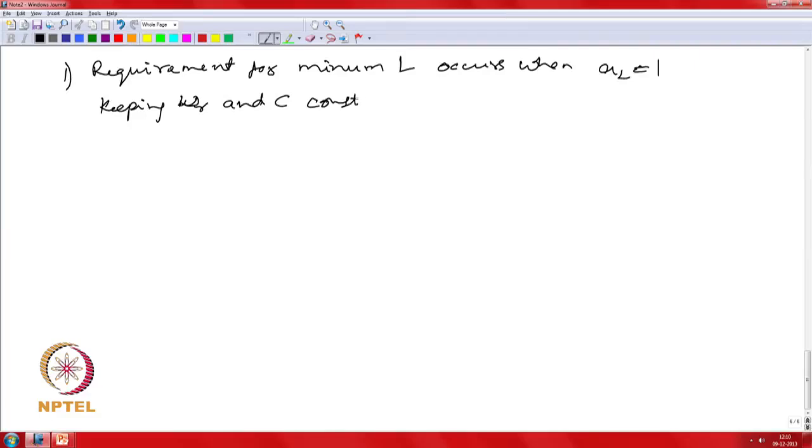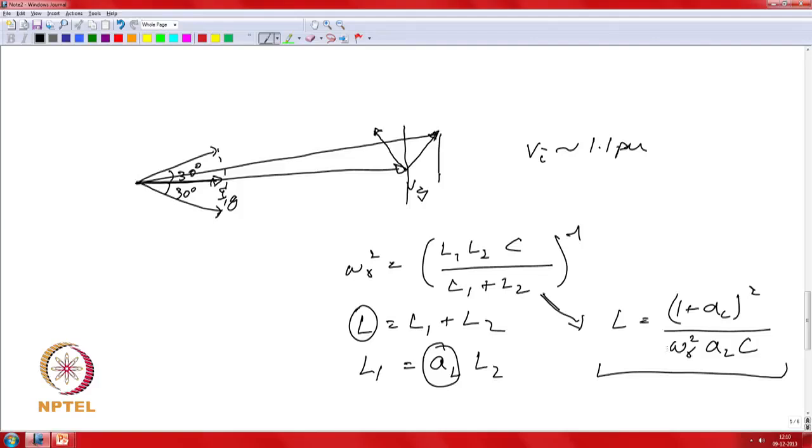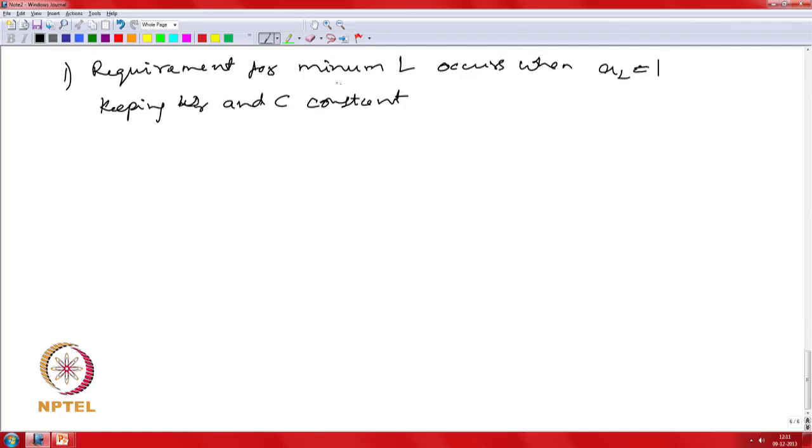So if you take the previous expression and differentiate L with respect to AL, you could equate it to 0 either at the minimum or the maximum, take the second derivative to see whether it's the minimum or the maximum, and look at the relationship which you could get. You would see that the requirement for minimum L occurs when AL is equal to 1, keeping omega r and C constant.